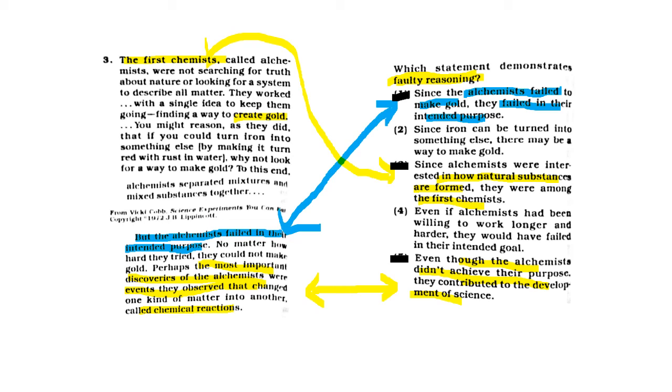Number 2, since iron can be turned into something else, there may be a way to make gold. Number 4, even if alchemists had been willing to work longer and harder, they would have failed in their intended purpose. Now, to get the right answer, we need to use a little bit of our knowledge. You should remember that iron and gold are both elements in the periodic table.